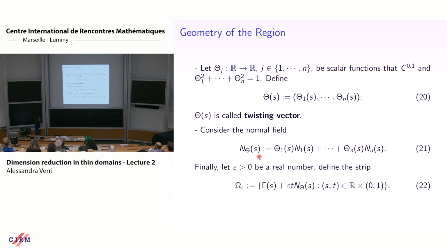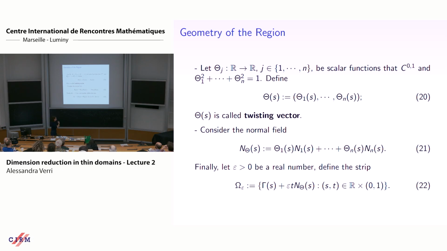We define this new normal field N_theta(s) by using the twisting vector and the normal fields given by the adapted frame.